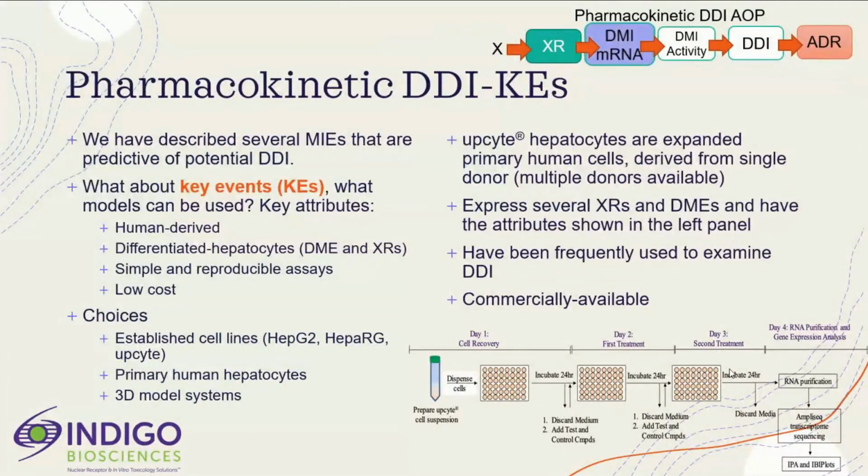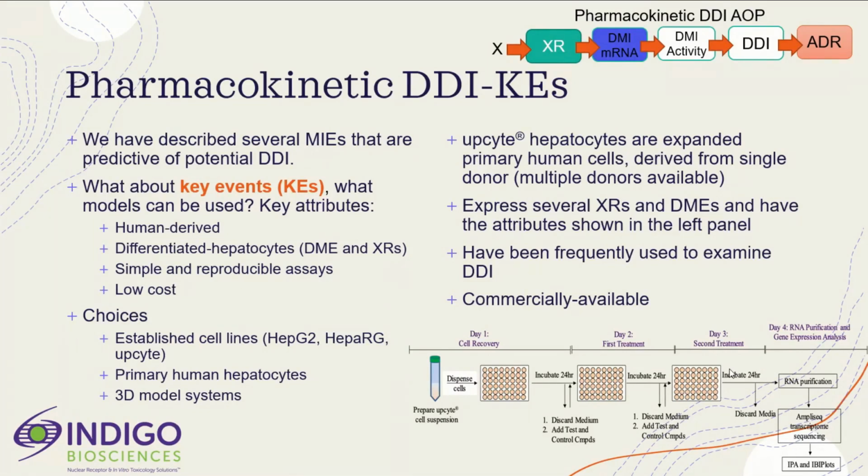Okay, so let's shift into how you can look at key events within this particular adverse outcome pathway. So again, this is something that is commonly done, and we want to look at these key events that are involved in drug-drug interactions.